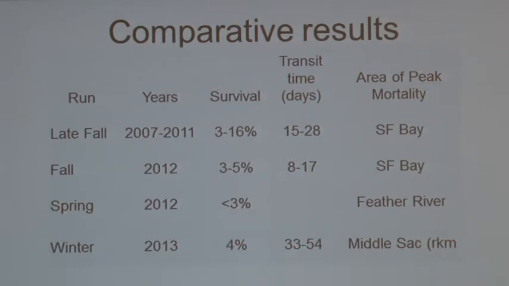And for some reasons that we don't understand yet, after release, they moved downstream for a while fairly quickly, like the late fall run Chinook salmon do, but then they take up residence in the sort of middle Sacramento River for some period of a month or more before they then resume their migration. In the meantime, predators are doing their seasonal things as well, and so each of these fish with their different life histories is probably exposed to different patterns of predation in the environment.